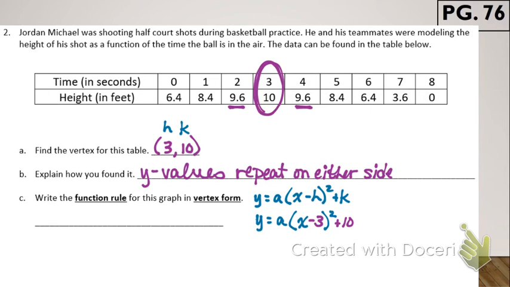We can pick any point we want off this table to help us figure out what our a is. Are you guys okay if we go with 8 and 0? I would rather not deal with decimals if I don't have to, and we can't use 3, 10 because we've already used those numbers.